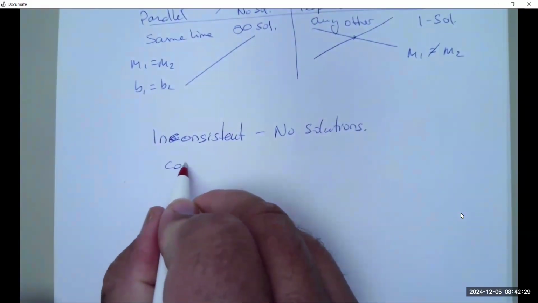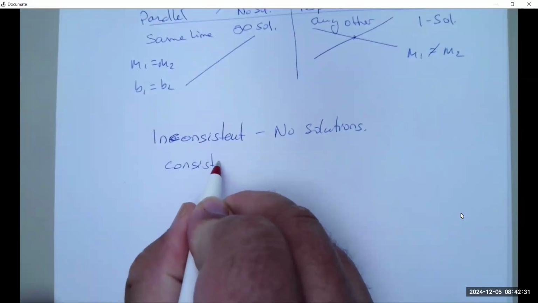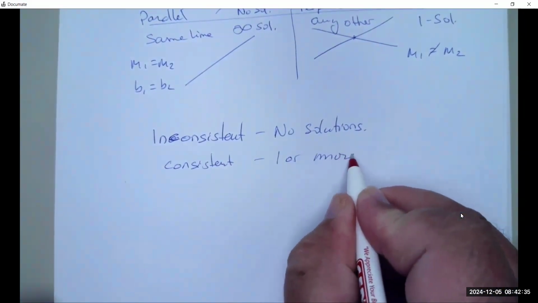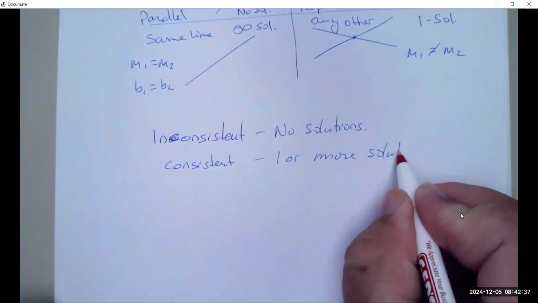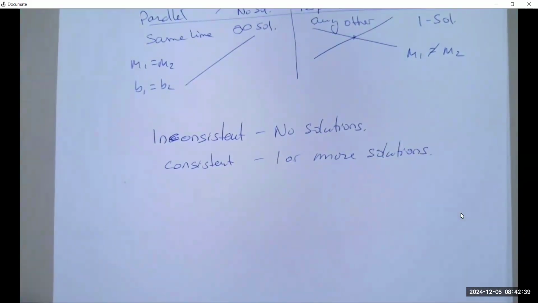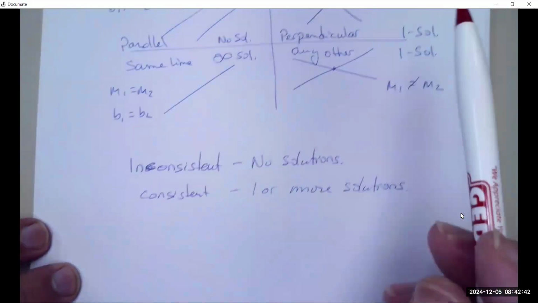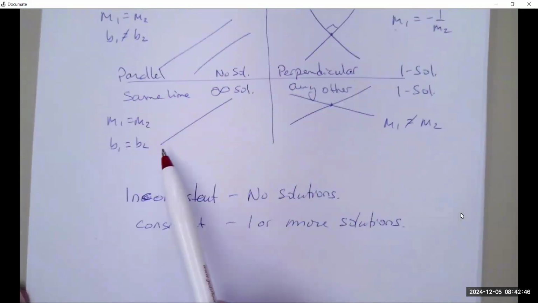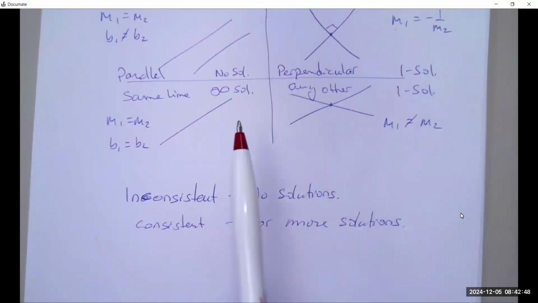So consistent means you have one or more solutions. Because remember, is one the only way you can cross these lines? No, you can have infinite solutions. So you can have one or more solutions.